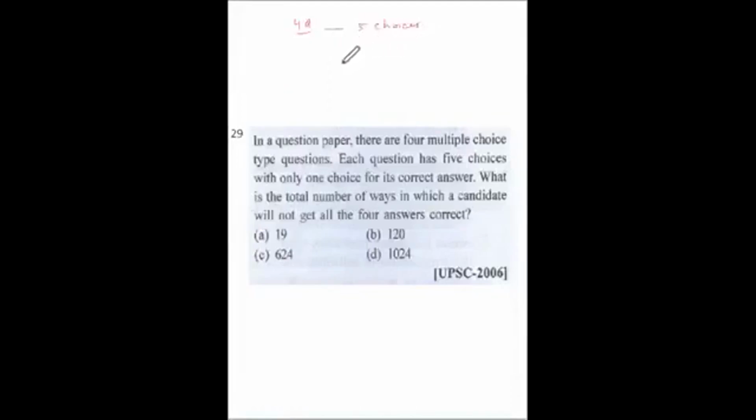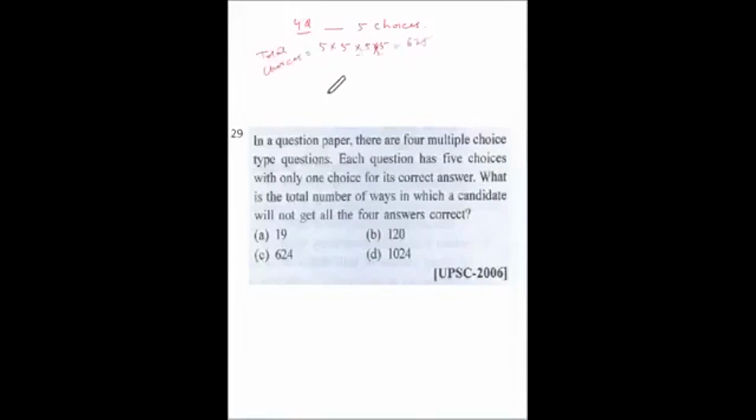It means 5 into 5 into 5 into 5. So these many choices are there. Total choices are 25 into 25, which is 625.